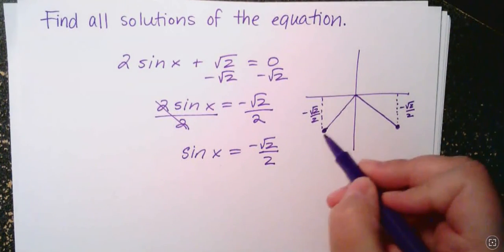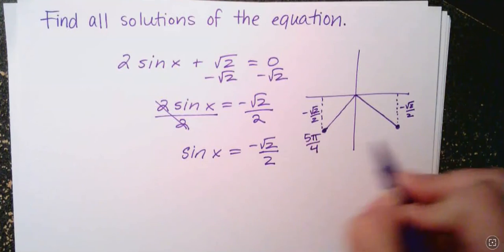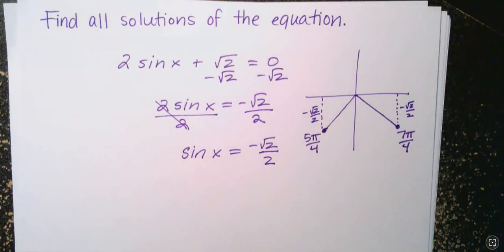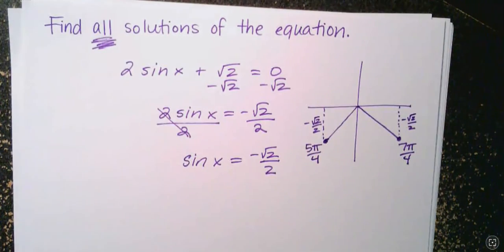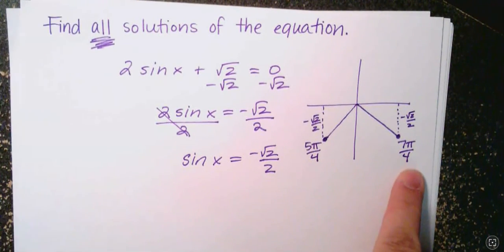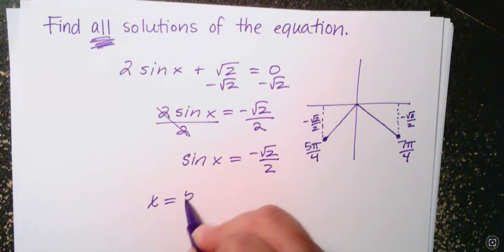Okay, so here radians, that would be 5 pi over 4. And here in radians, that's 7 pi over 4. But here's the thing. Key word, very big word here, the word all. Okay, 5 pi over 4 and 7 pi over 4 are not all the solutions because of what we talked about before.